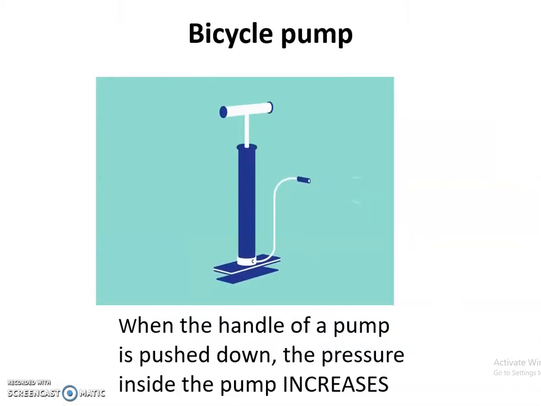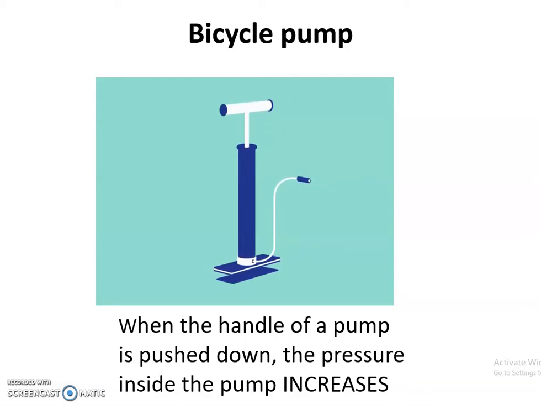And here is yet another example, a bicycle pump, which we often use every day to fill the tires of the bicycle. When the handle of the pump is pushed down, the pressure inside the pump increases, and this makes the air escape into the tire because the volume is decreased.